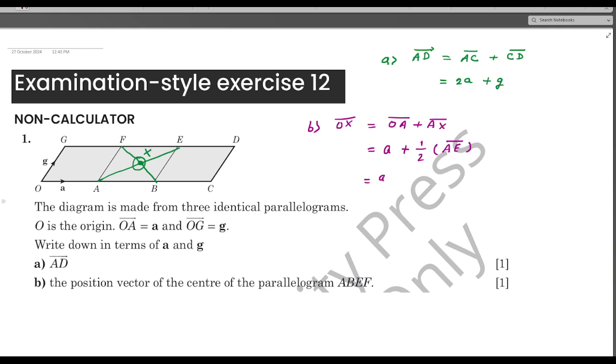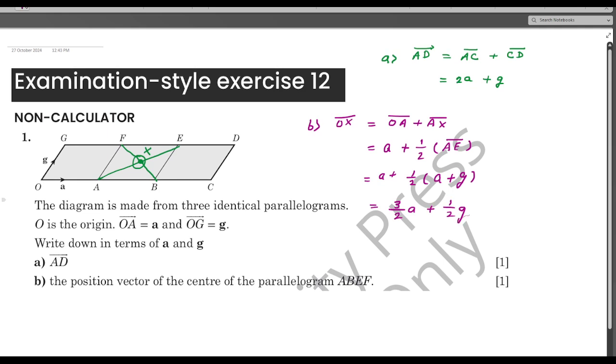So this is your A plus half of AE, and AE is your AB plus BE. Your AB is going to be equal to A and your BE is going to be equal to G. So it is half of A plus G. And when I open the bracket, it will become A plus half of A, which is 3 divided by 2 times A, plus half of G. So this is your position vector of the center of parallelogram ABEF.